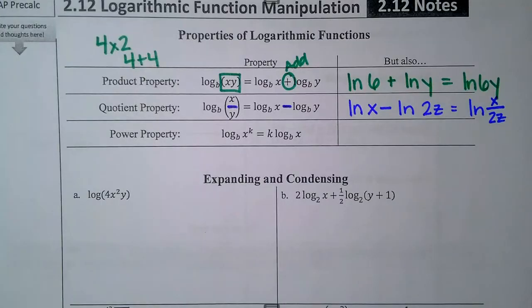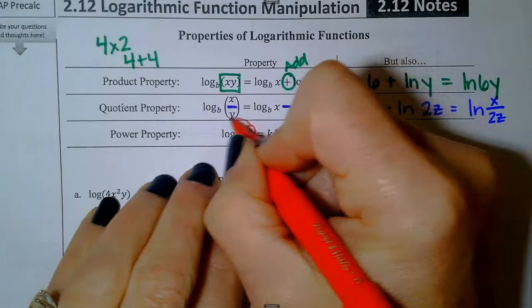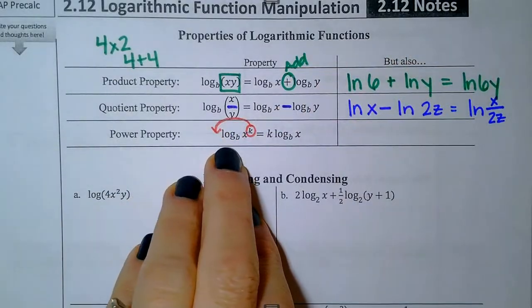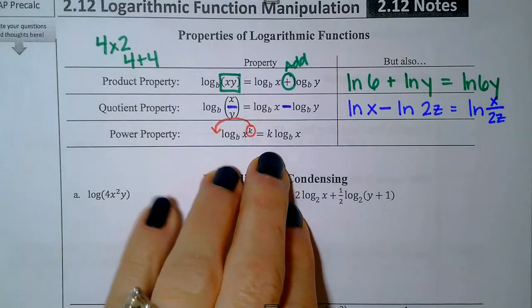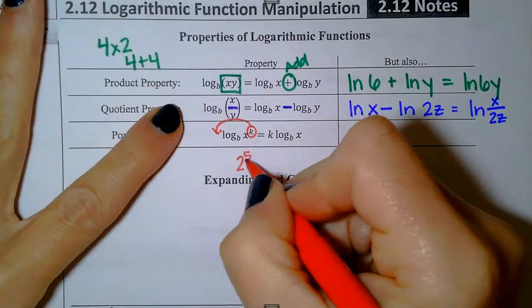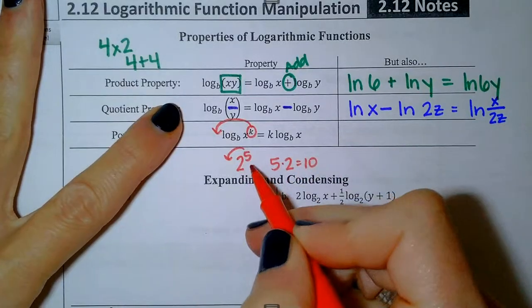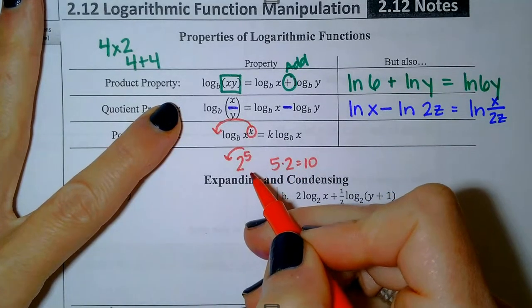And then lastly, the last one is the power property. If it's a power, I can put it out front and it becomes multiplication. Now, this only works because it's a log function. I can't normally take 2 to the 5th and move it out front and do 5 times 2 to get 10, because 2 to the 5th is 32.